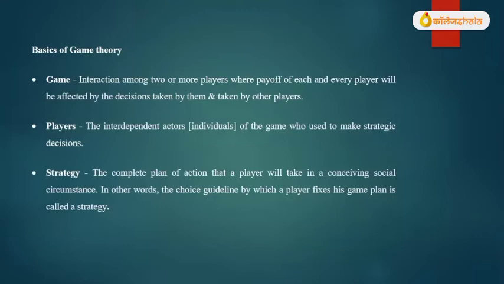That means when two or more individuals choose between some options, and they set up their plan, their guideline for choosing one option and making a decision, that particular plan of action is called strategy. Moving forward to the next slide, hope it is very easy for all of you.